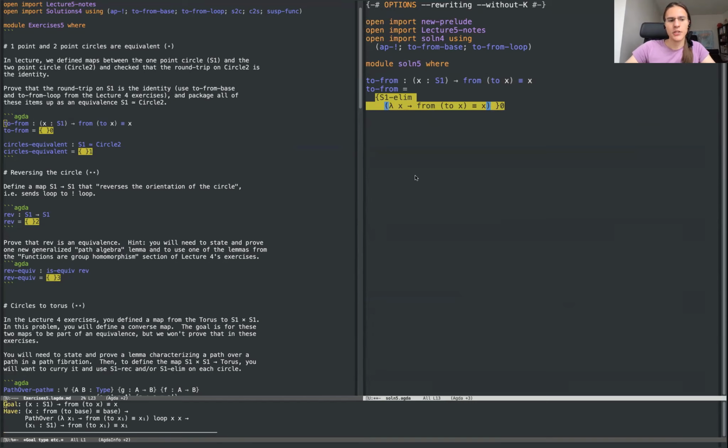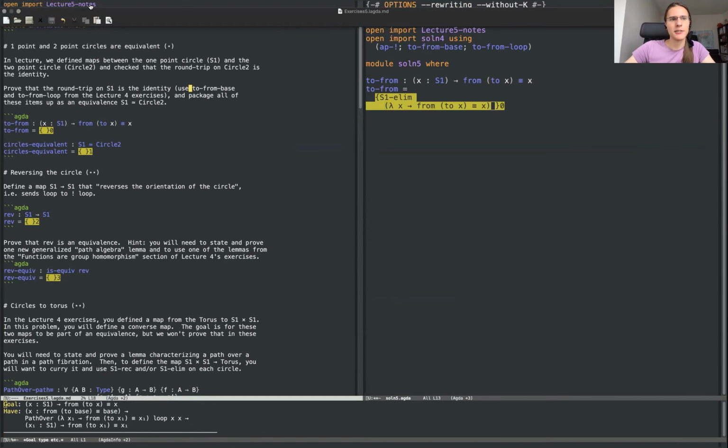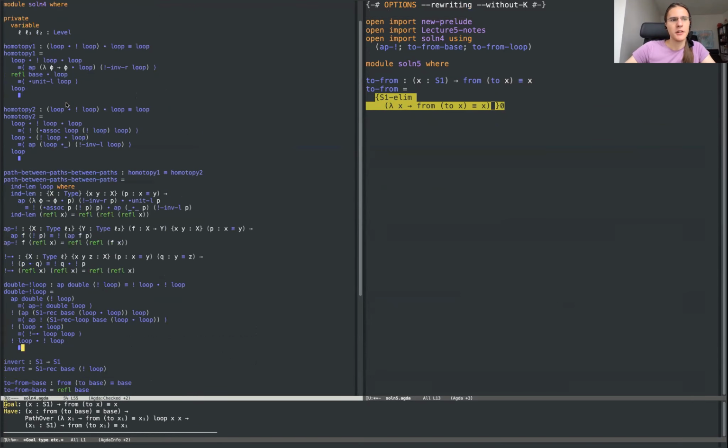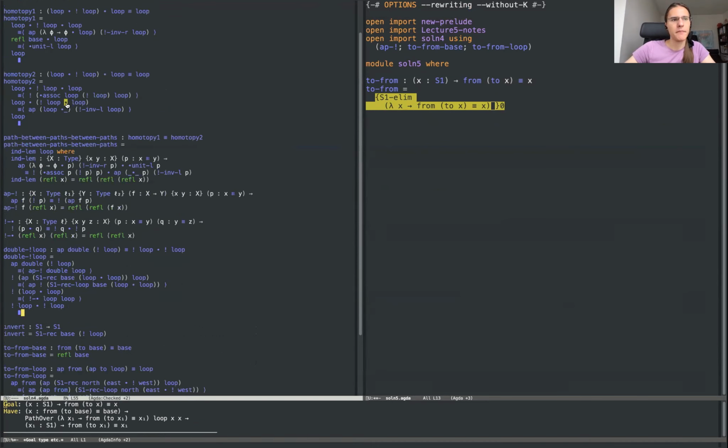Then I need to construct 2 arguments. The first argument is from to base equals base. Well, if I look at my solutions 4 file from what we did last time, that proof was just reflexivity. But we gave it a name.